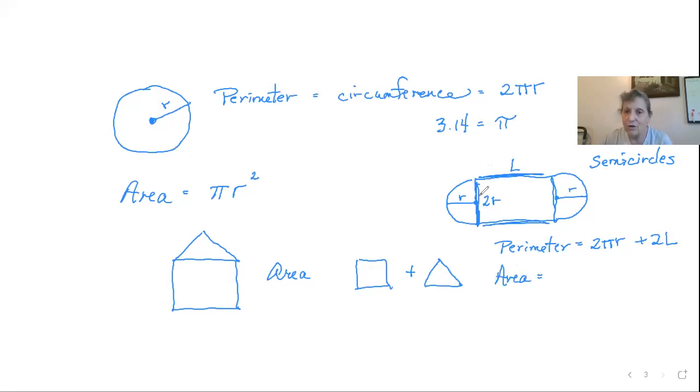The area would be the area of the circle plus the area of the rectangle. The area of the circle is going to be pi r squared. Remember, they have to give us r. The area of the rectangle, because the length here is going to be 2r, would be 2 times r times the length, which is the same thing as length times width. So sometimes the shape is a combination of other shapes, and we have to make up our own little formula there.